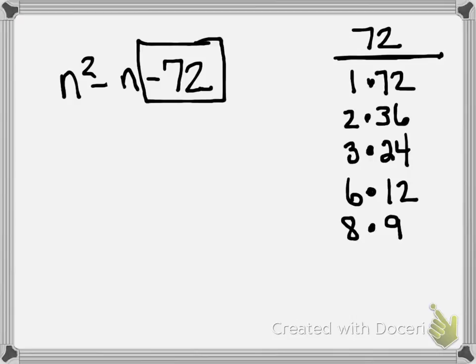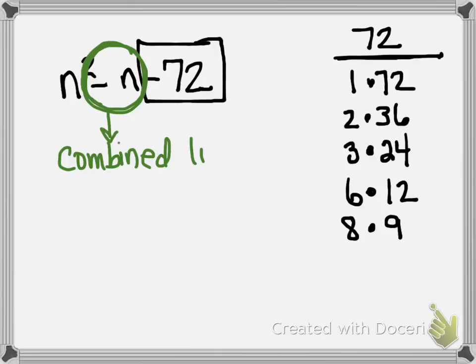Now if I look at these factors, now I'm going to concentrate on my middle coefficient. The middle coefficient is a 1. Now remember, to get the middle term, we combined like terms, and when you combine like terms, that's addition or subtraction.